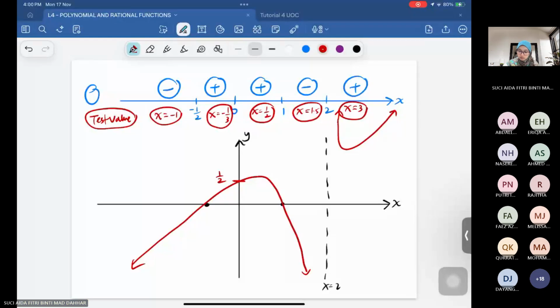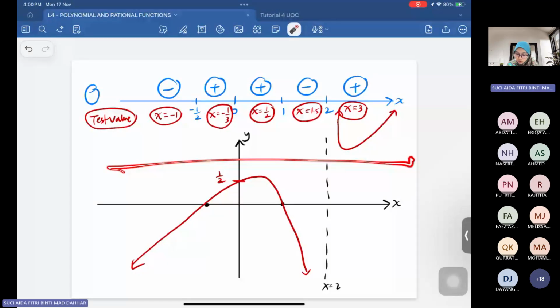So that's why you don't have horizontal asymptotes. This is not a horizontal asymptote because it's not approaching. Done. So this is the last question in the tutorial. Done with the rational function.